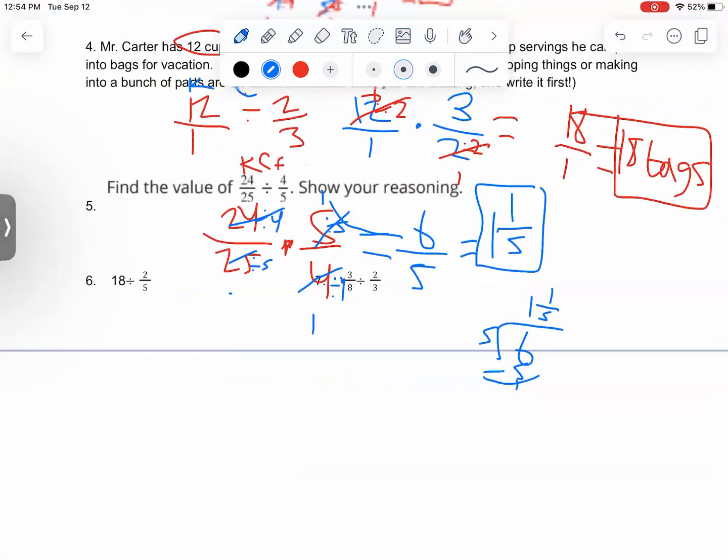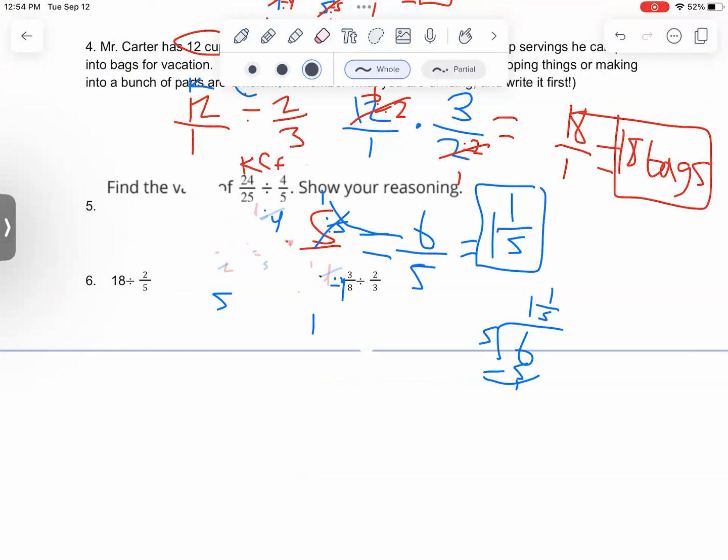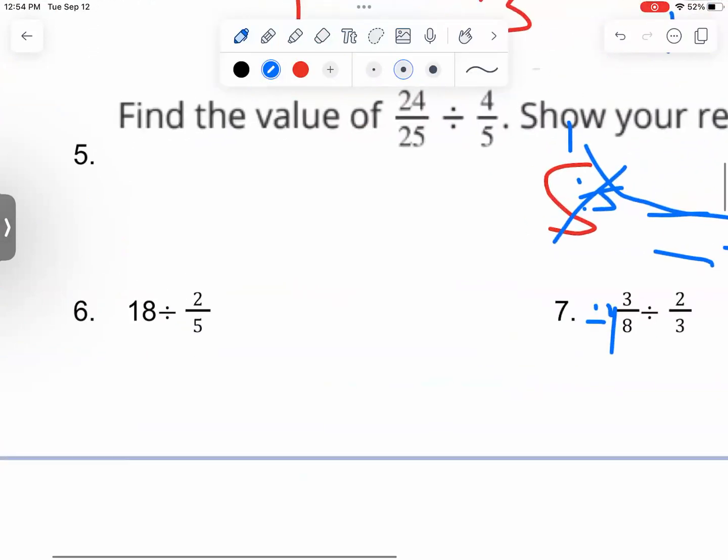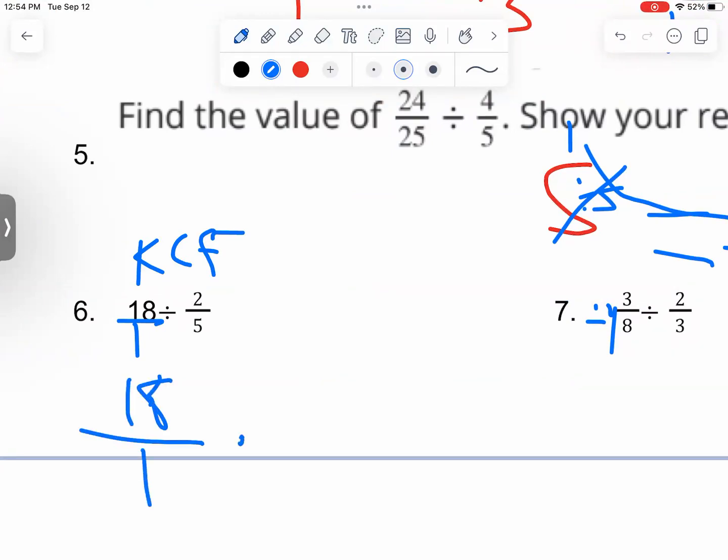Number 6, we have 18 divided by 2/5. First, I'll just put a 1 under that. Then I'm going to put my KCF to see the steps I need to take. 18 over 1 times 5 over 2. Now, I'll put the dot because we're going to be starting using x's as variables soon. Divide these by 2.